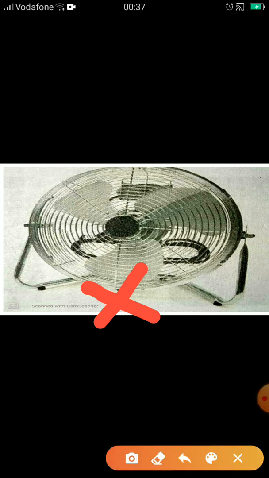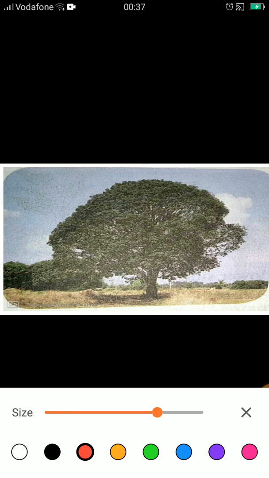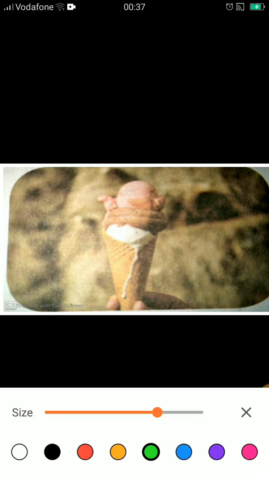Now, have a look at the next picture. So, what do you think? Is it a living or non-living thing? Right, that's a tree. A tree is a living thing. Have a look at the next picture. Wow, that's your favorite thing. So, is it a living or non-living thing?